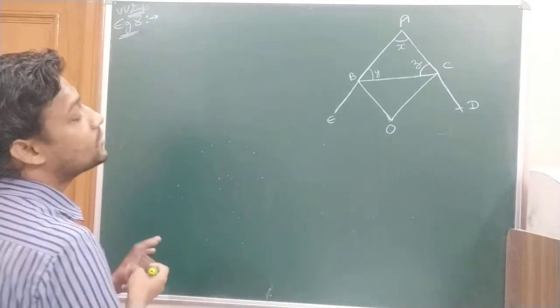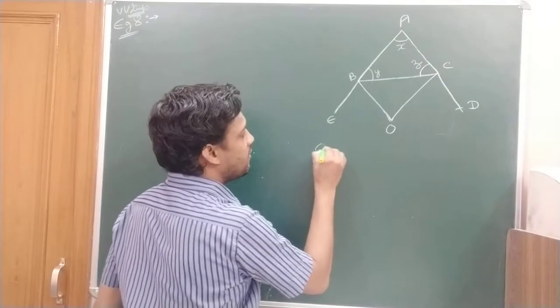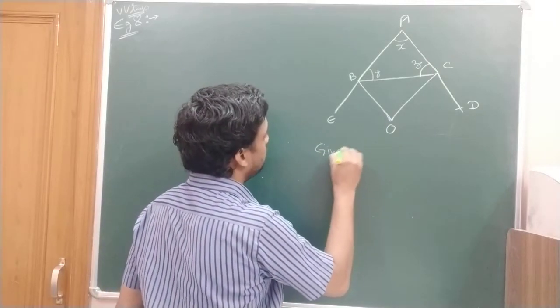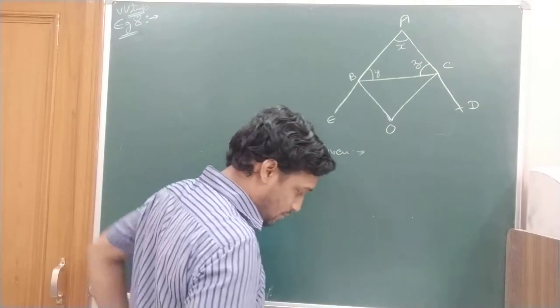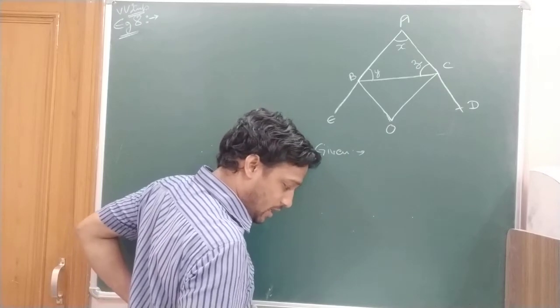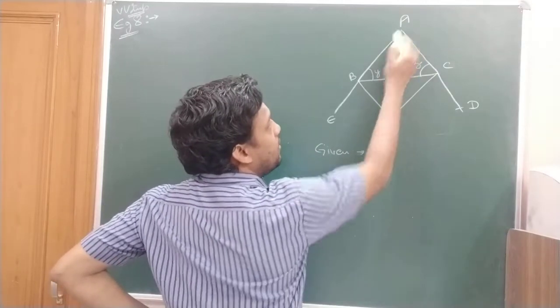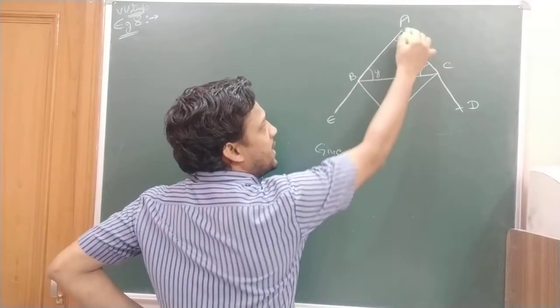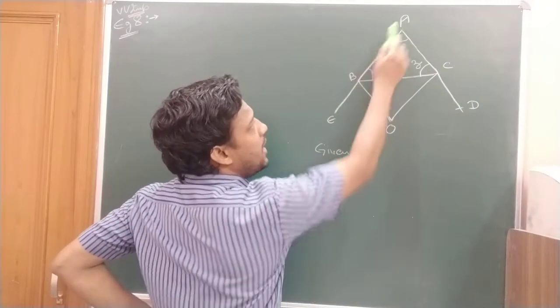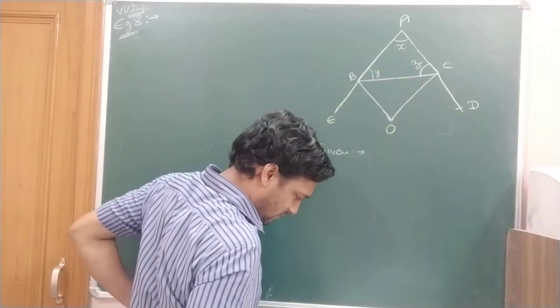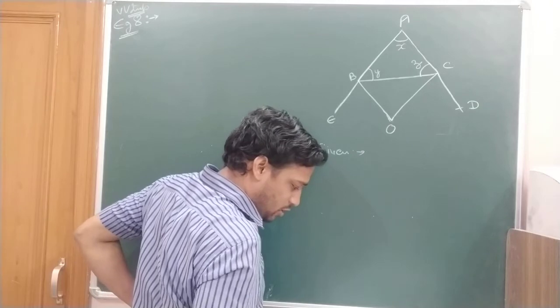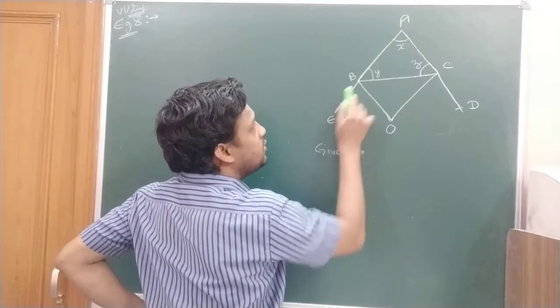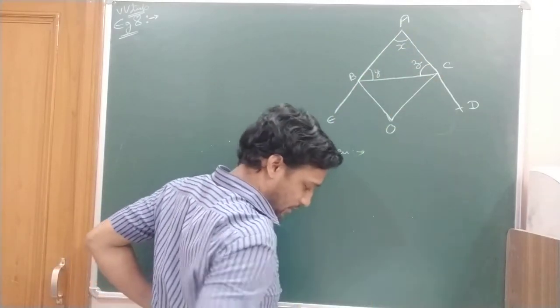Now listen. In this question, what is given? Read the question parallelly. The sides AB and AC of triangle ABC are produced to the points E and D respectively.